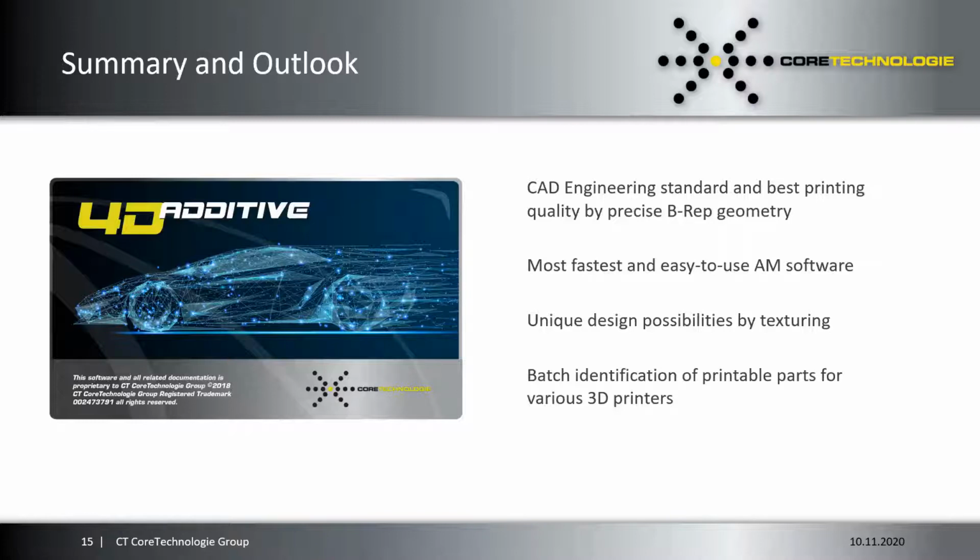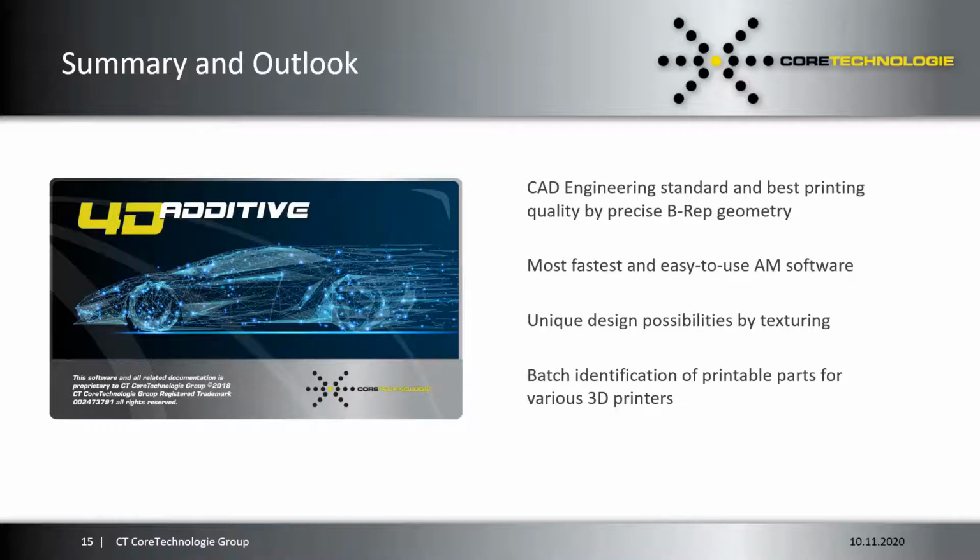And these unique design possibilities by the texturing are really incredible, where you can do really quickly for all models what you have for interior in the car or in specific areas where you want to change your texturings, not only for designing, but also for functional matters, to strengthen your models, for example.